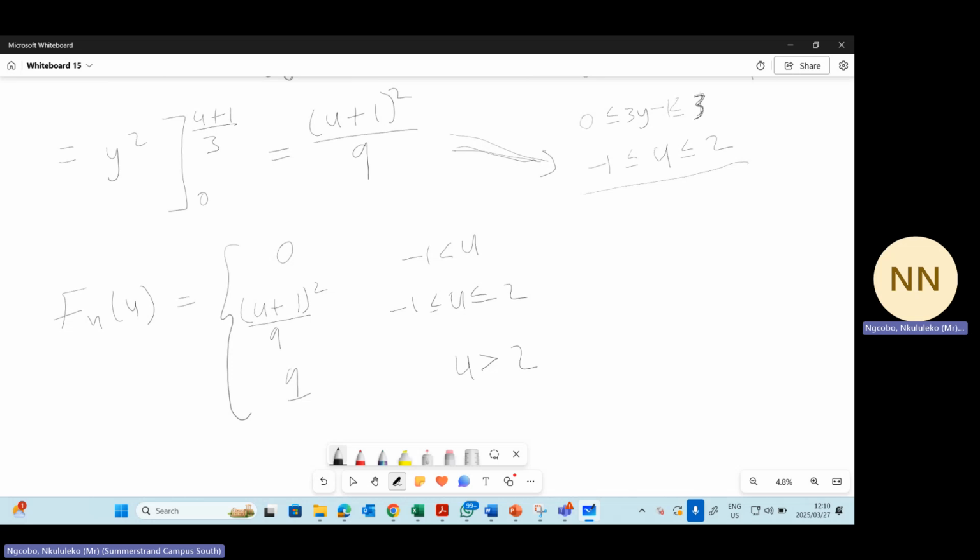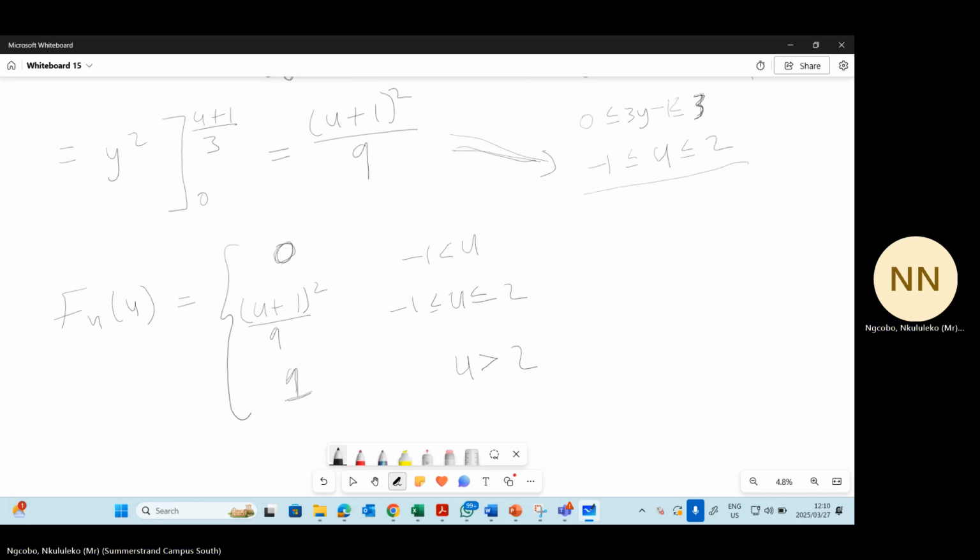This is by definition of the distribution function. If you remember the properties of distribution functions, from negative infinity it should be 0, and as y goes to infinity, the distribution function should add up to 1, right?